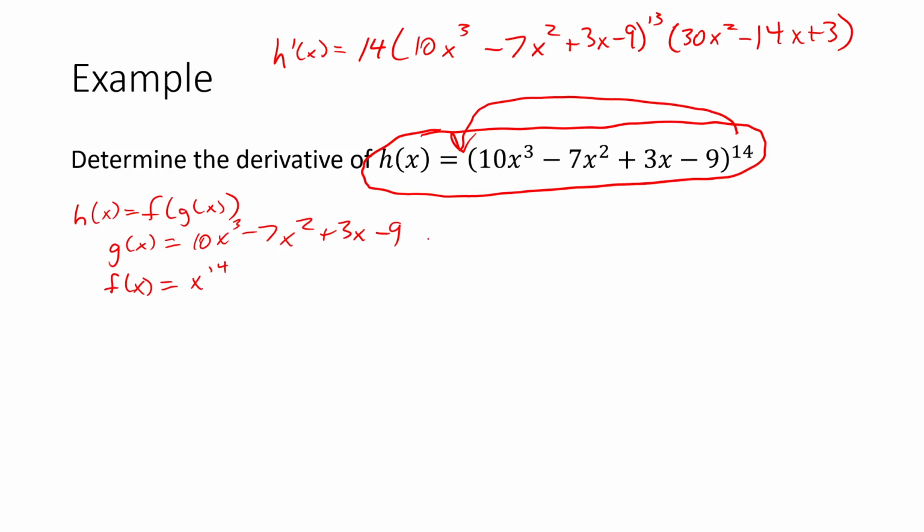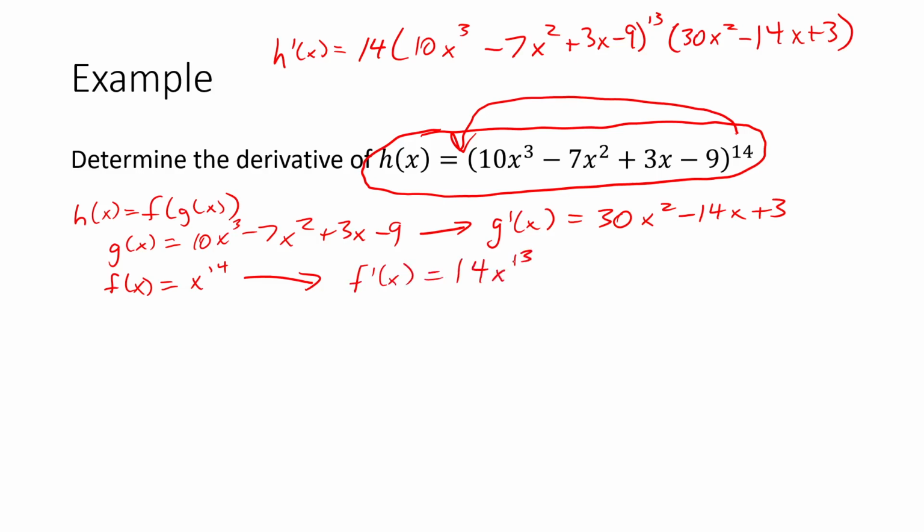Now, if g of x is 10x cubed minus 7x squared plus 3x minus 9, then g prime of x, using the power rule, is 30x squared minus 14x plus 3. And if f of x is x to the 14, then f prime of x will be 14x to the 13.